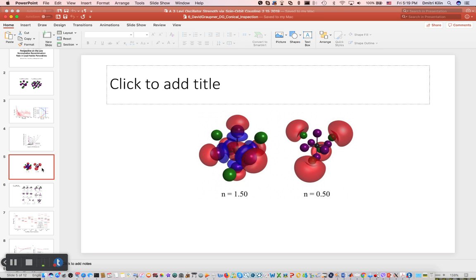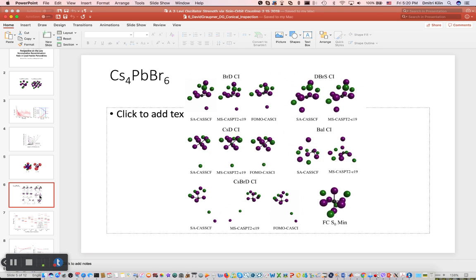So then the models that they actually looked at: here's the model that we saw earlier. They have one where they took one of the bromines away from the lead atom, one where they took one of the cesiums away from the lead, one where they took both the cesium and the bromine away, and then in these two they distorted the molecules.